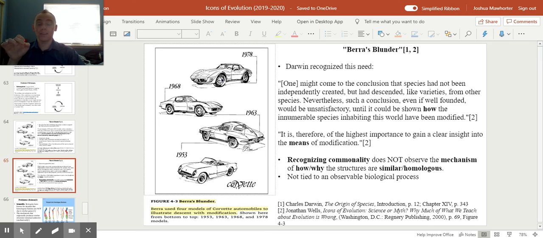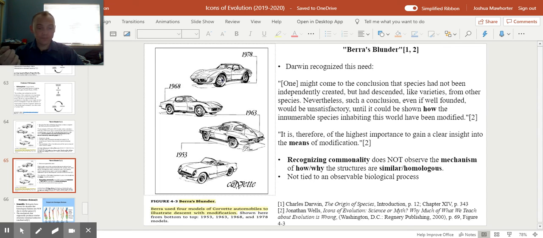So Darwin recognized himself it's not just enough to observe that structures in different creatures are similar, and assume that they're similar because of descent from a common ancestor or progenitor. There would need to be a demonstration of how that took place, the mechanism of why and how that happened.